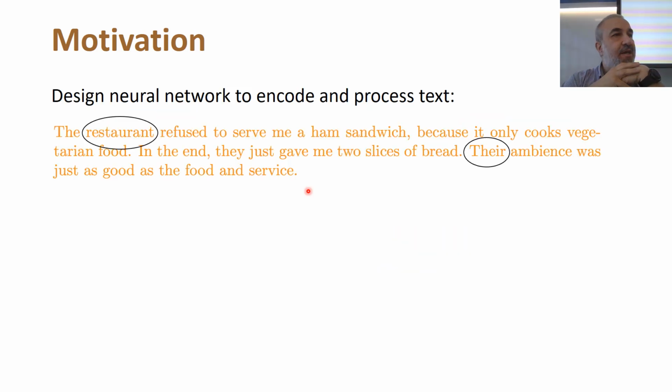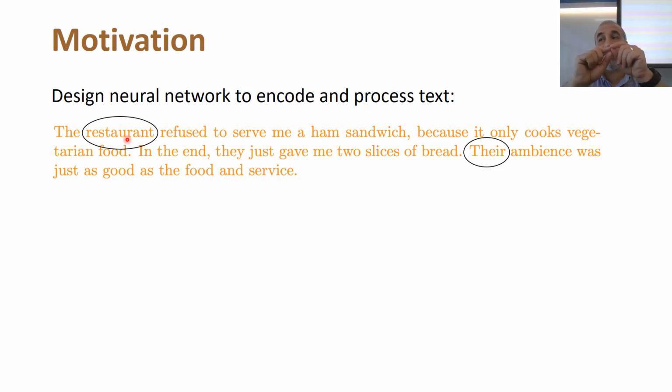Here's the example of the restaurant again, and if you read the review here, you will find that the word "there" actually refers also to restaurant, and they are not even in the same sentence.